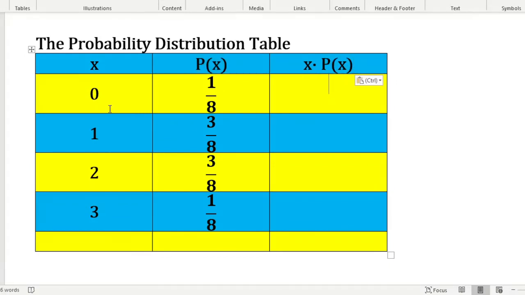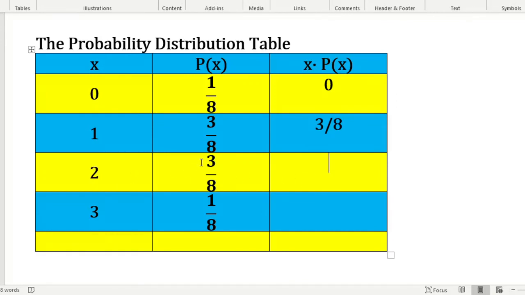In this case, we have 0 times its probability, which is 1/8. We have 0. Any number multiplied by 0 is 0. And 1 times 3/8 is 3/8. Any number multiplied by 1 is the number.